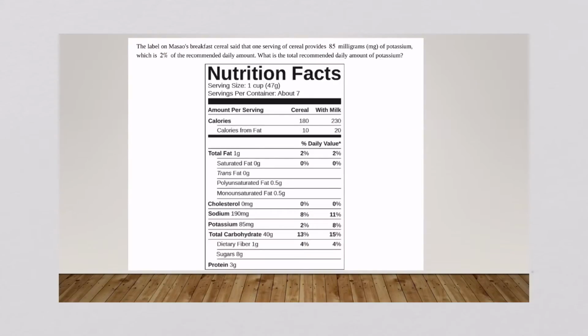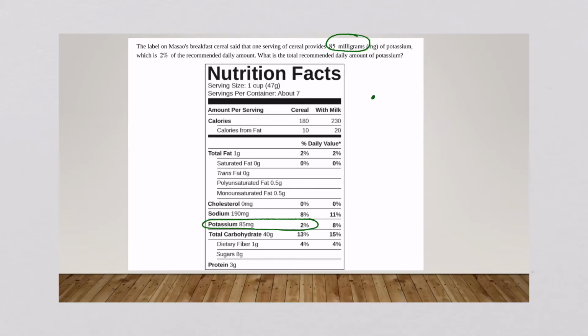Okay, on this problem right here it says, the label on Maceo's breakfast cereal said that one serving of cereal provides 85 milligrams of potassium, which is 2% of the recommended daily amount. What is the total recommended daily amount of potassium? So in this problem, we're looking at this line right here, and they told us that 2% is 85 milligrams.